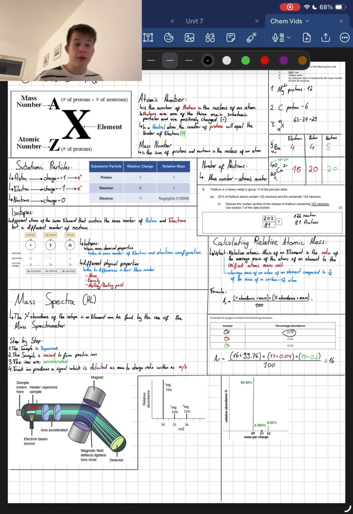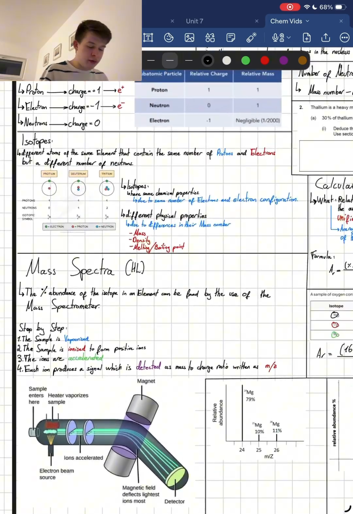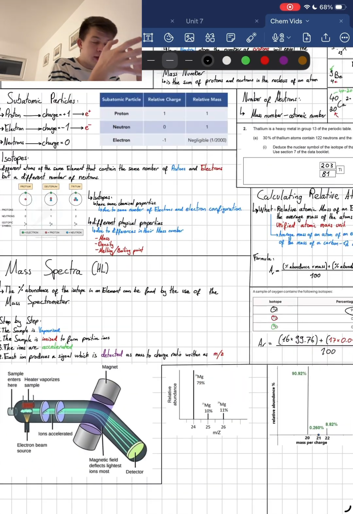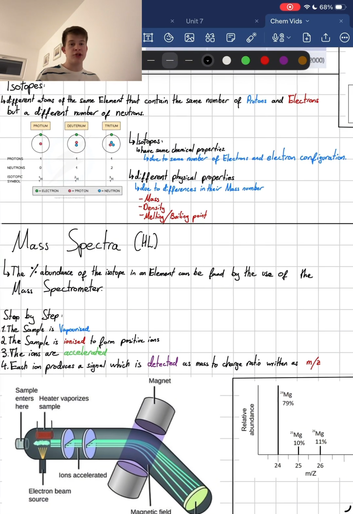And now for the HL part, we also need to know the mass spectra and how that works, so how the percentage abundance of an isotope is measured. It is measured by a mass spectrometer, as we can see in the image.